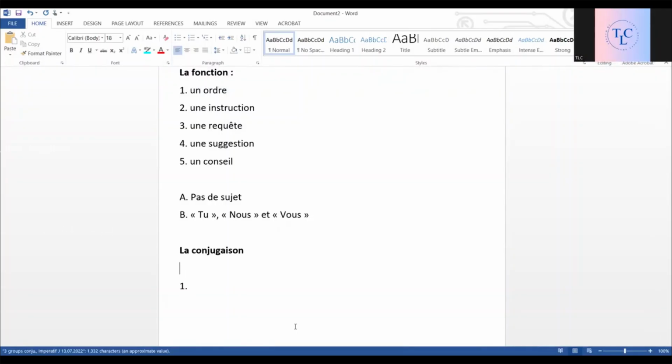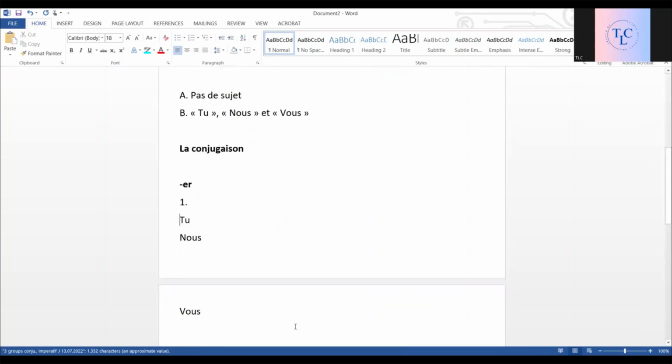For example, we have er ending verbs. For that, we have tu, nous, and vous forms. Let's take, for example, parler. In present tense, it's tu parles, nous parlons, vous parlez.